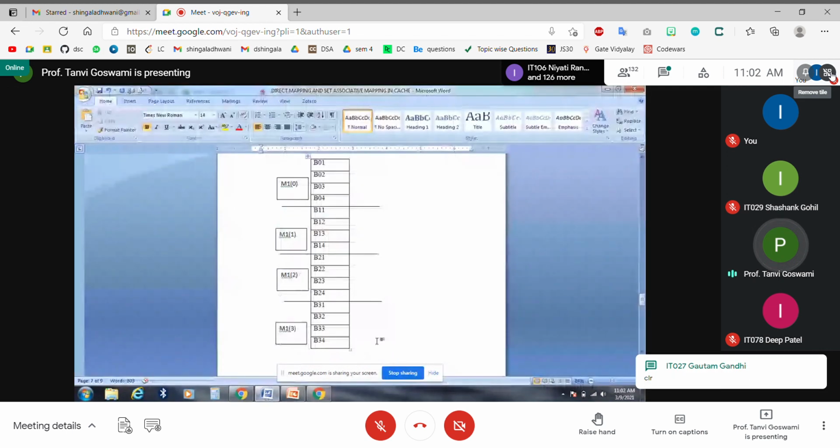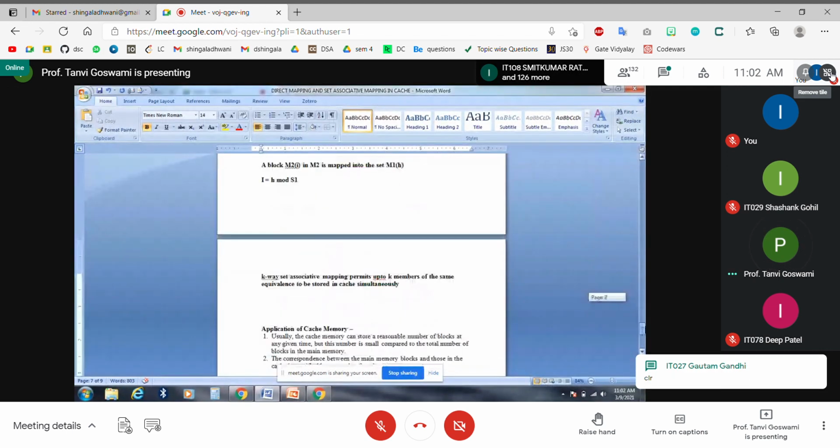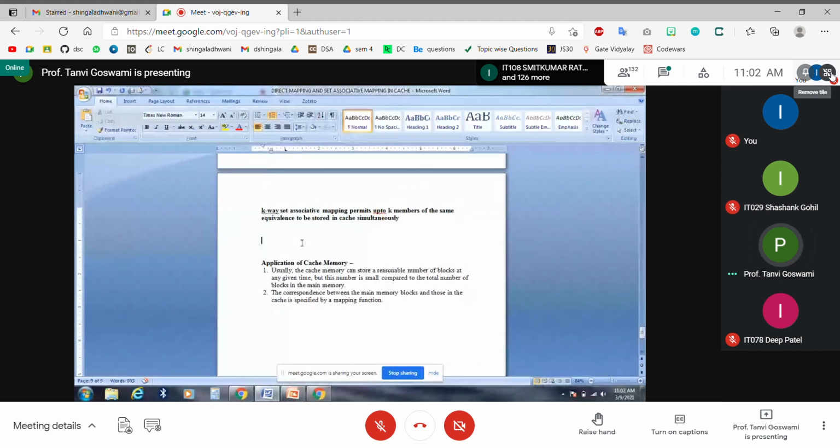So let us take an example. Consider a cache memory of 8 KB. So the size of the cache memory is 8 KB with two-way set associative mapping.